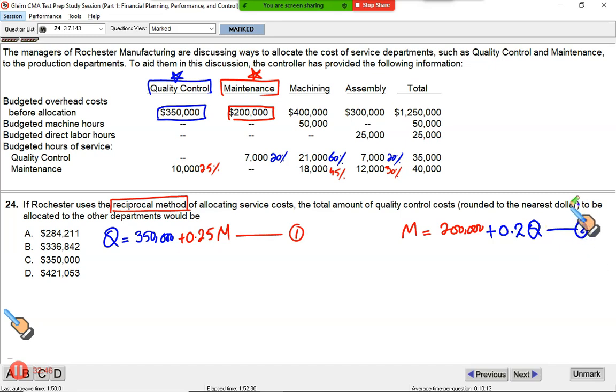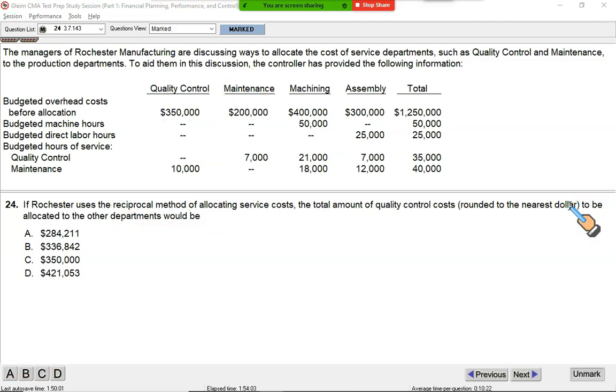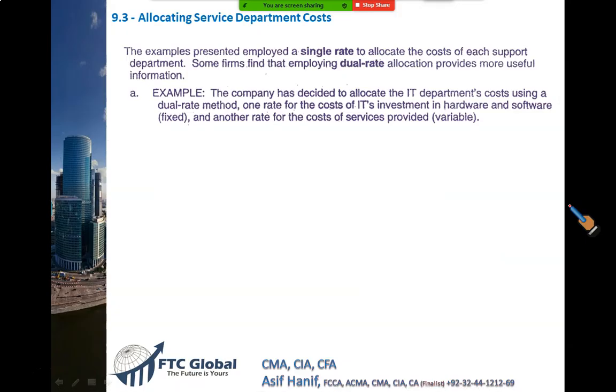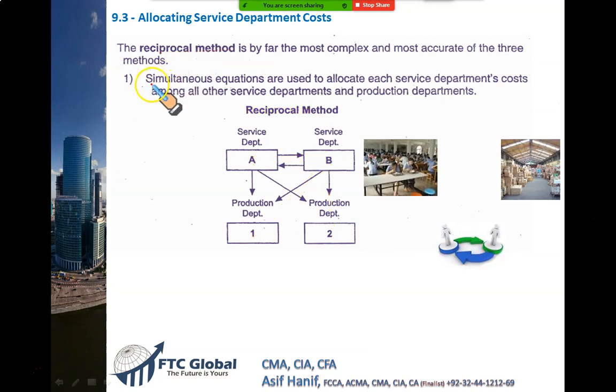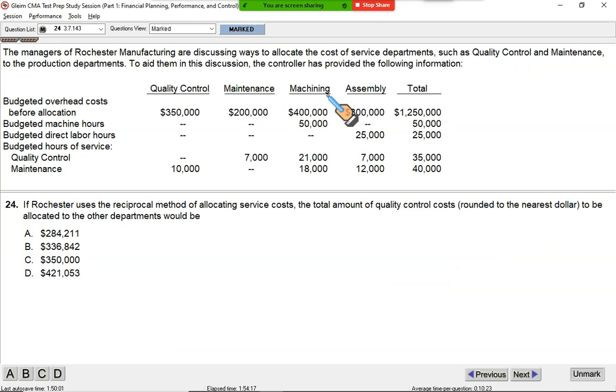Remember, let me take you back. This is the suggested method of the reciprocal method. We draw up two simultaneous equations and we solve them together to find our answer. And that is exactly what we are doing here.